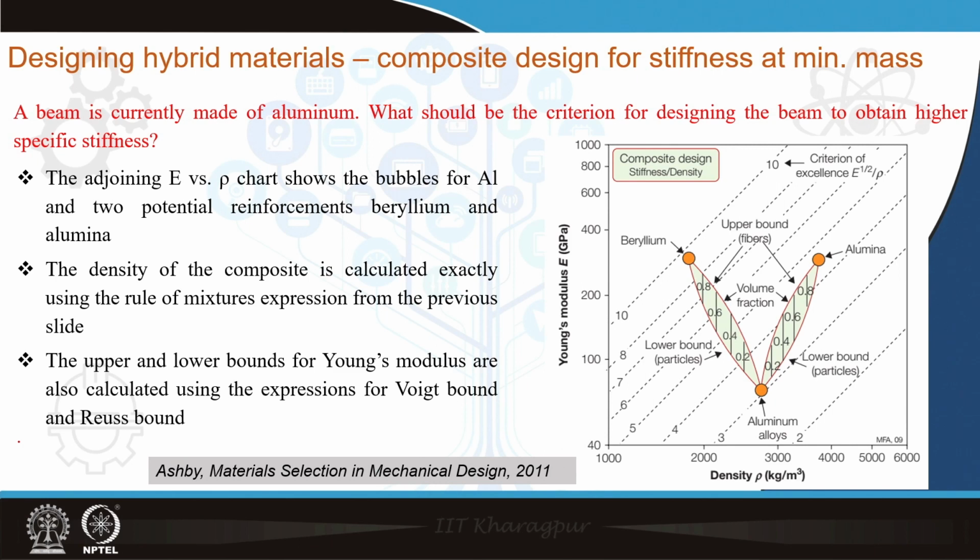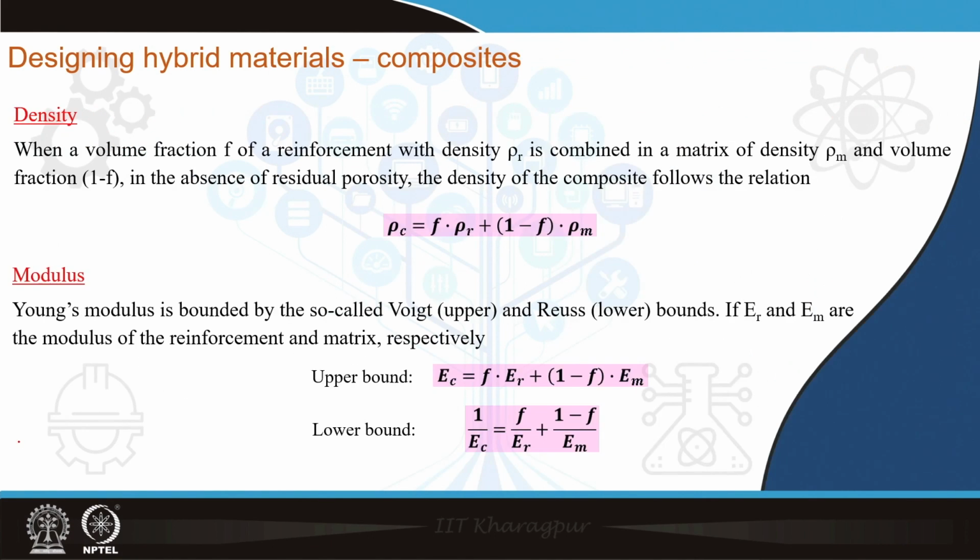Now, as we just mentioned, the properties of the composites must lie within the upper bound and the lower bound. The upper bound and the lower bound expressions have been provided here with the arithmetic mean and the harmonic mean.